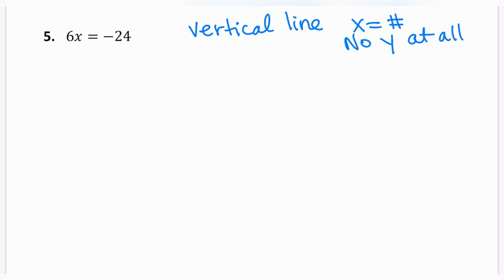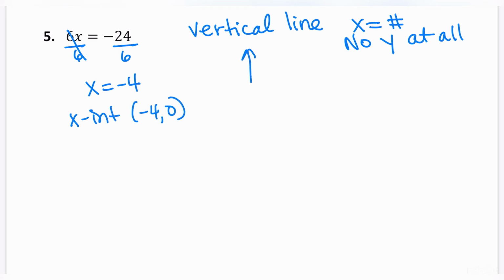So if I go ahead and divide by 6, I'm going to get that x is equal to negative 4. That means the x-intercept is negative 4, 0. Because this is a vertical line passing through negative 4, 0, then I know that there is going to be no y-intercept.